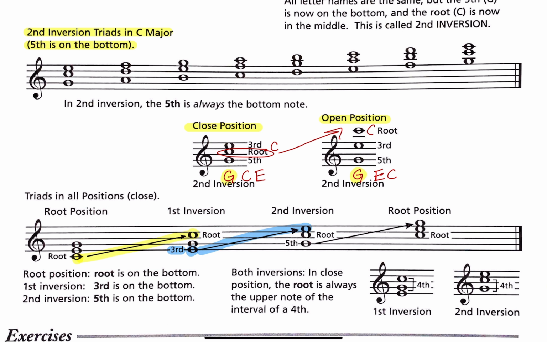That was second inversion. Now to get up to root position again, we take the fifth that was on the bottom and move it up to the top. So now here we had C on the bottom, E on the bottom, G on the bottom, and we know we're back in root position because we have C on the bottom again.